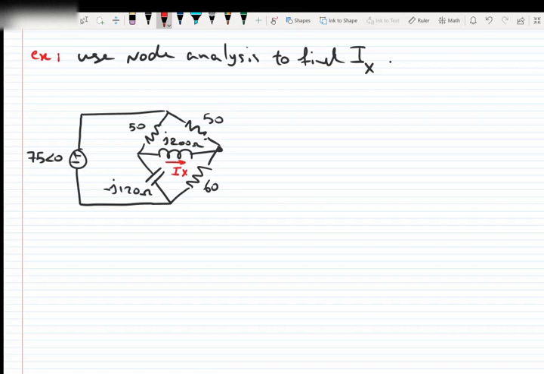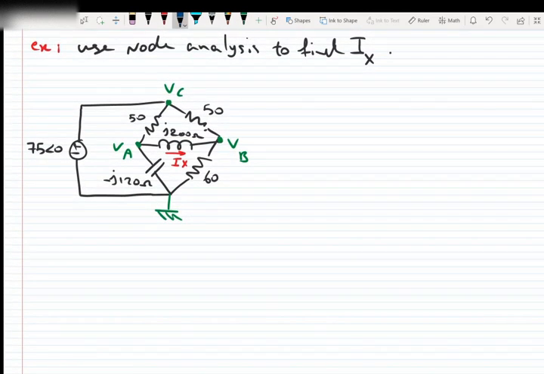want to find Ix. The first thing we do, we define a reference point, and then we also identify different nodes: VA, VB, and VC. Now we write the KCL for these nodes.